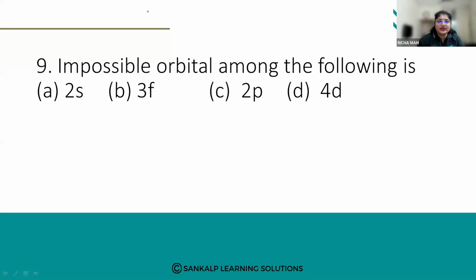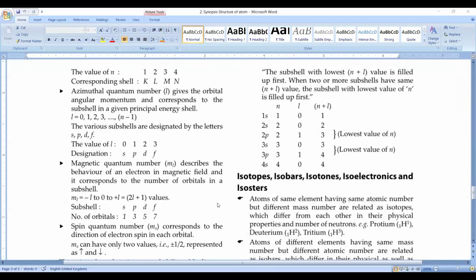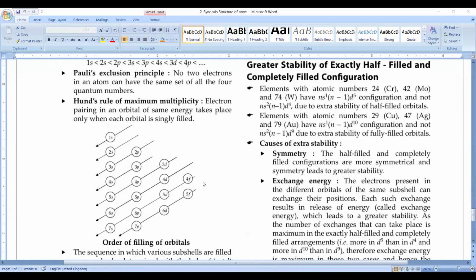So you might have seen the different orbitals when you see the filling up of electrons. If you want, I will show you. I hope you are able to see the screen now. Can you see from here which is the impossible orbital?